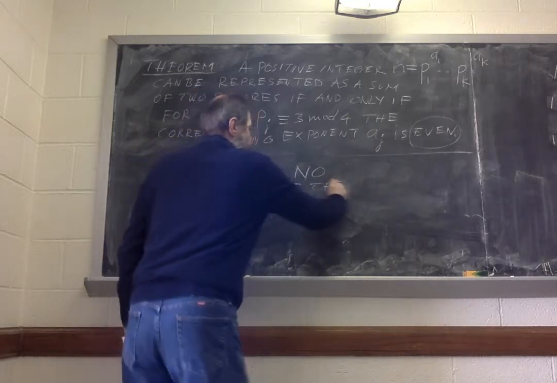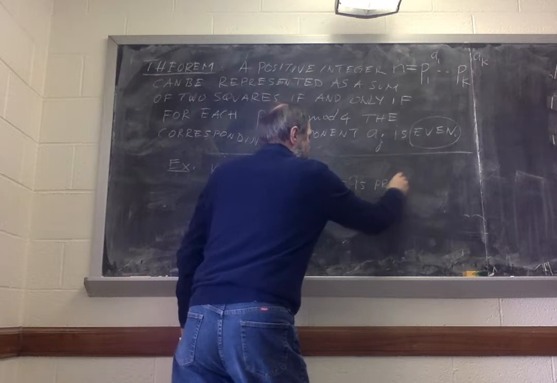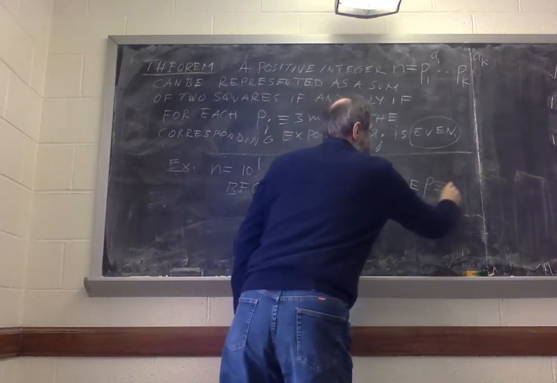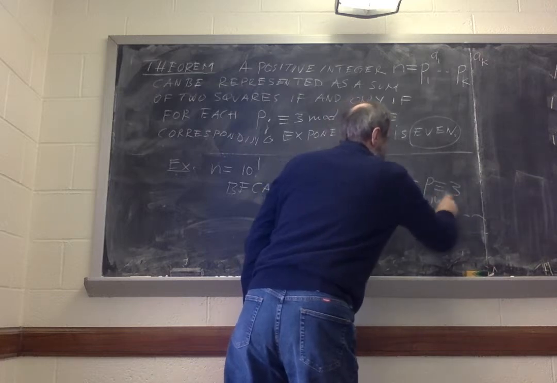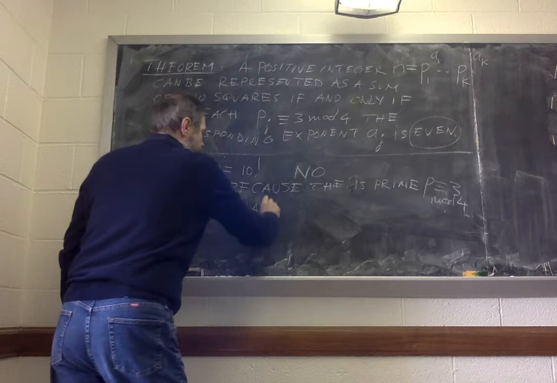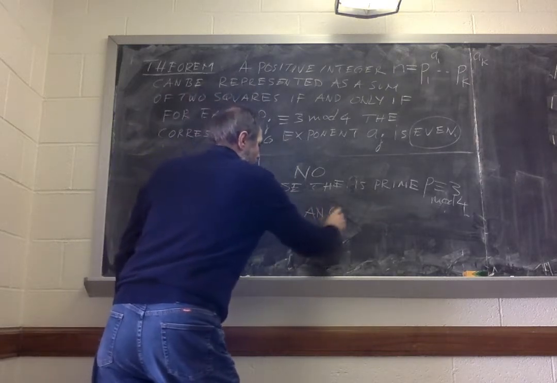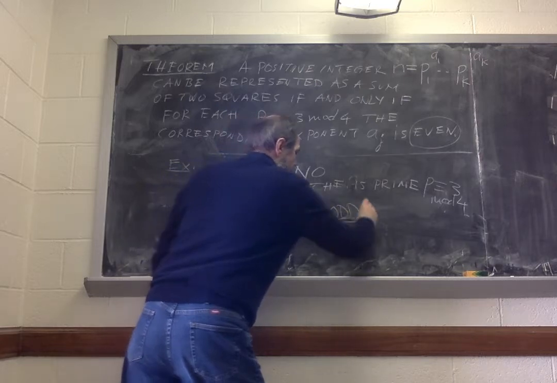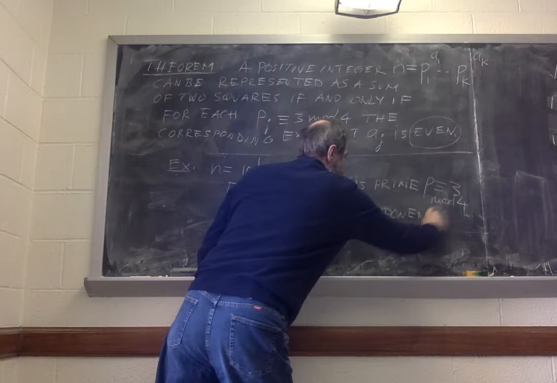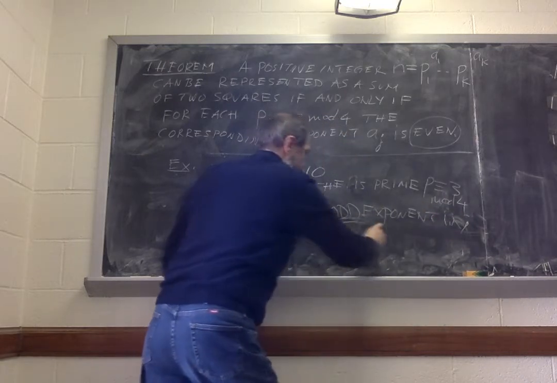there is at least one prime p congruent to 3 mod 4 having an odd exponent in our number, 10 factorial.